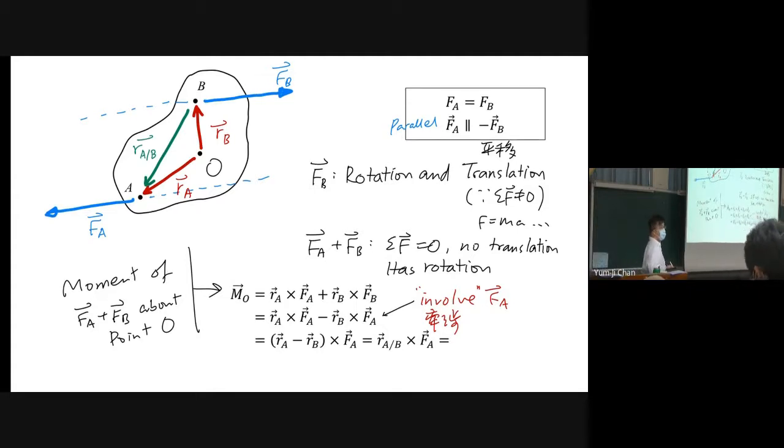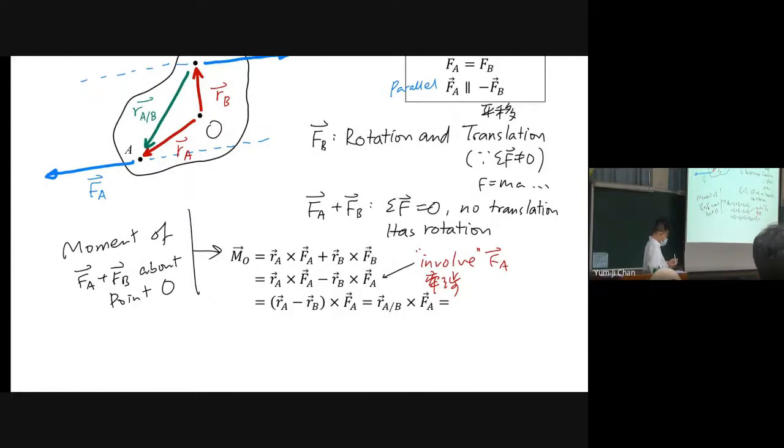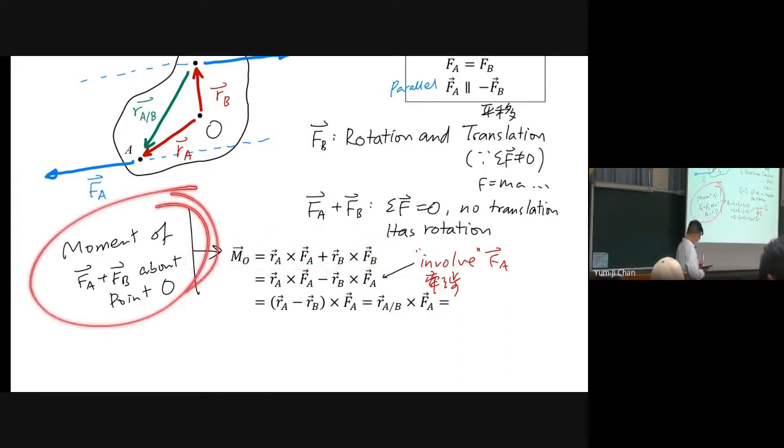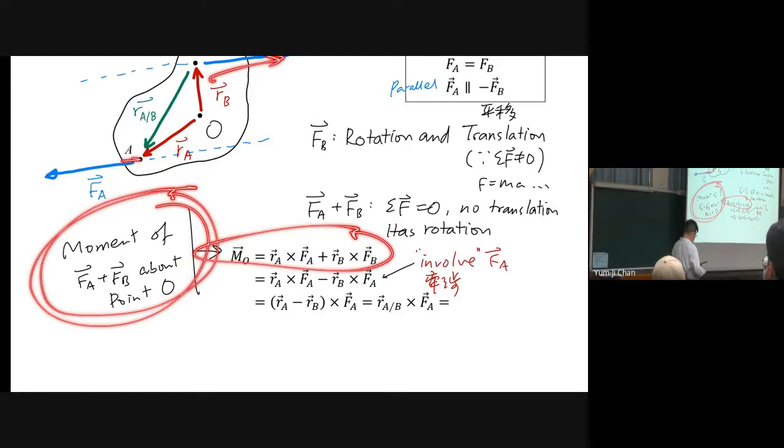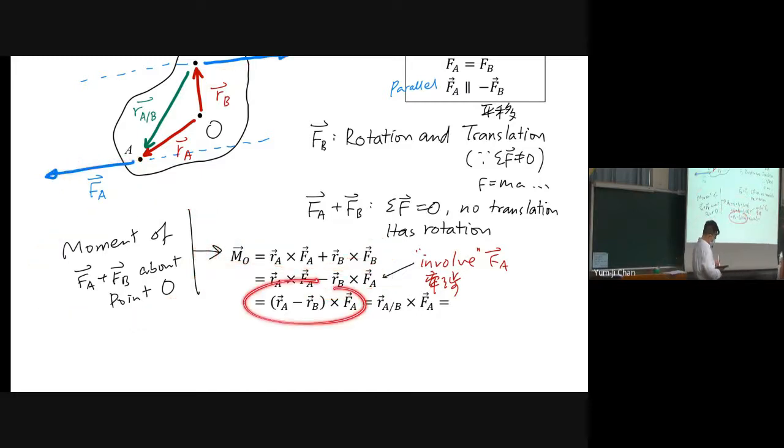Have I explained it clearly enough that we are calculating the moment of FA plus FB about O? We have this one, and then because FA and FB are opposite to each other, FB is changed to negative FA, and then we group it like this, and we get here. Take a look here.